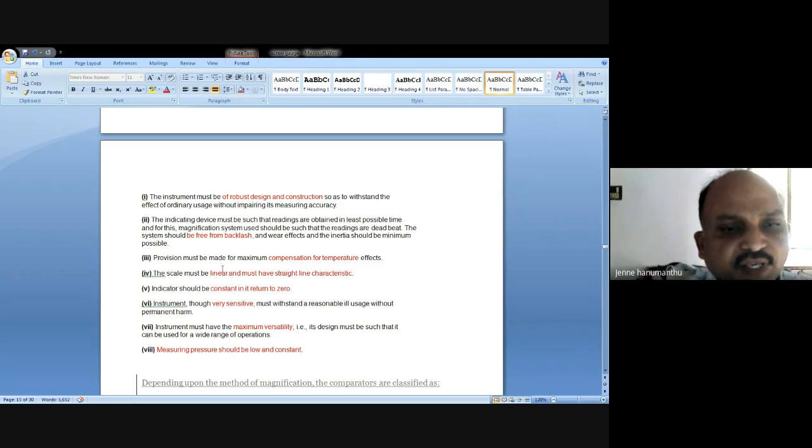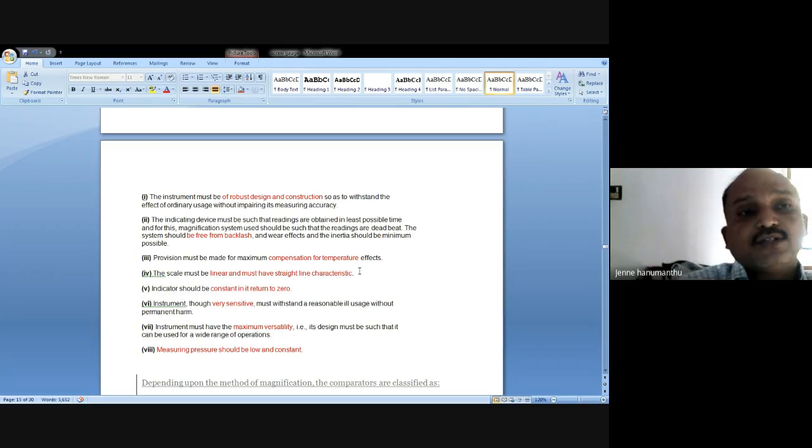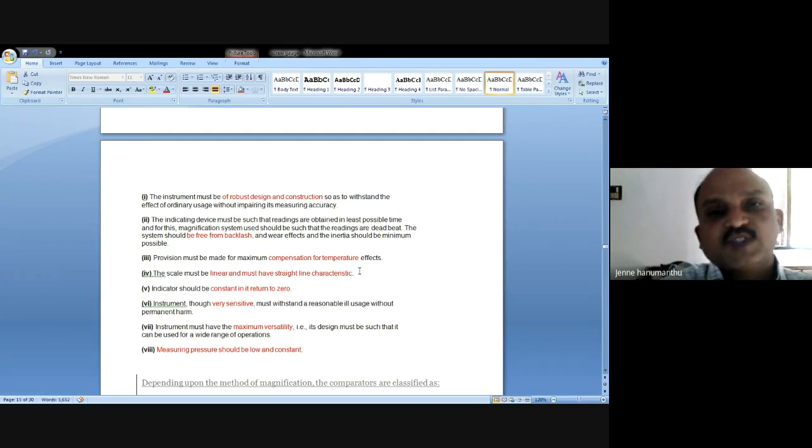It should be made for maximum compensation for temperature effects. The instrument should not suffer from temperature effects. If it is affected, we need to have some compensation.